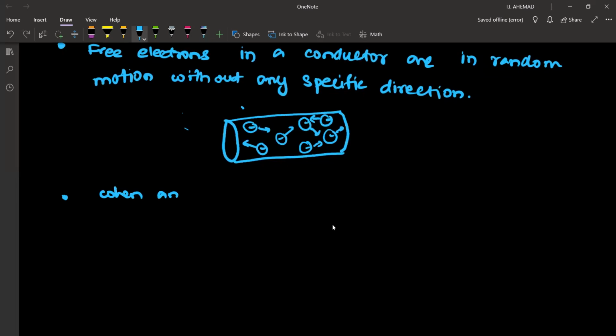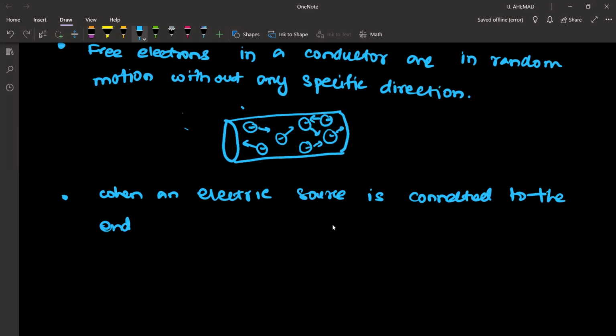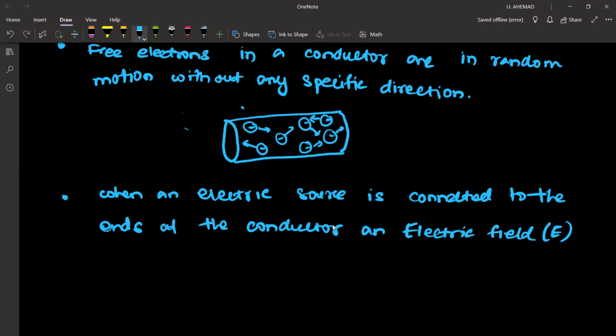When an electric source is connected to the ends of the conductor, an electric field E is formed across it.